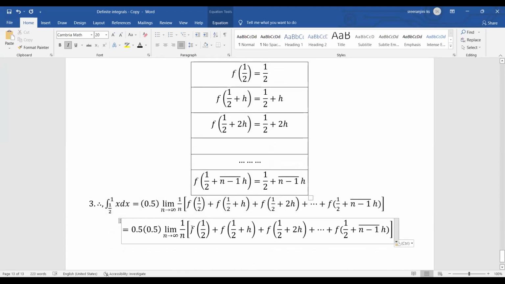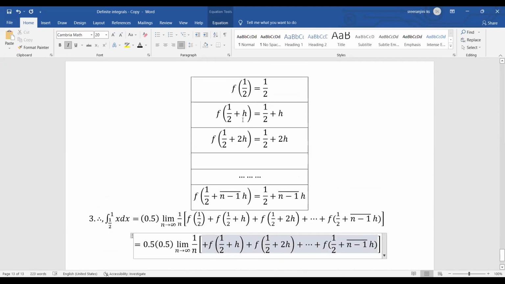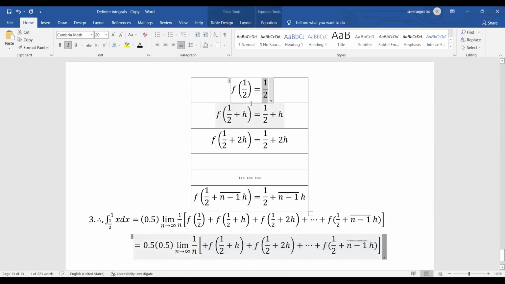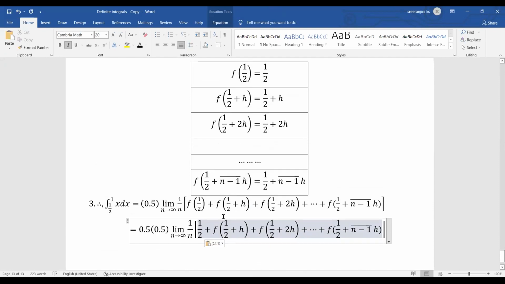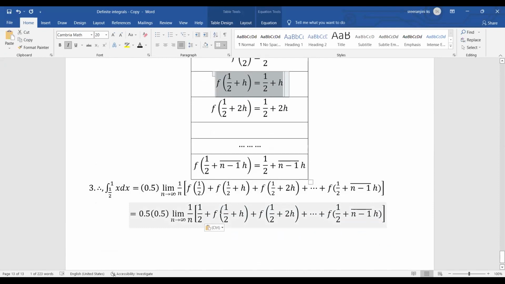F of 1/2 is 1/2. So 1/2 plus f of 1/2 plus h. And we have seen that f of 1/2 plus h is 1/2 plus h itself.